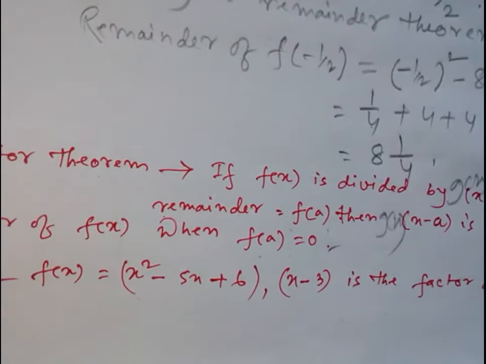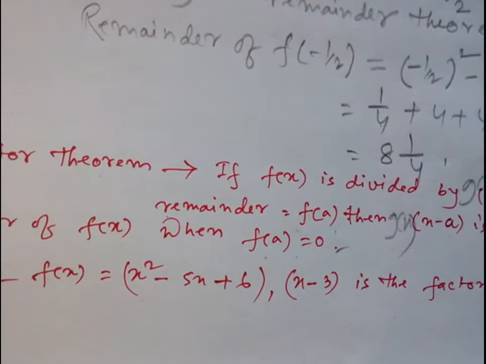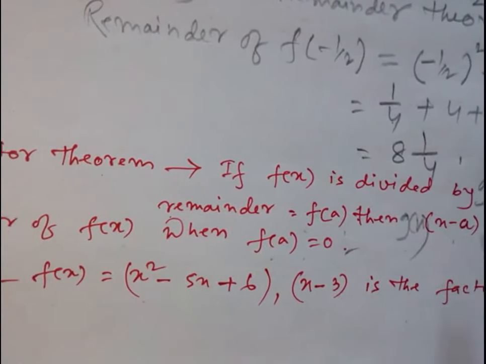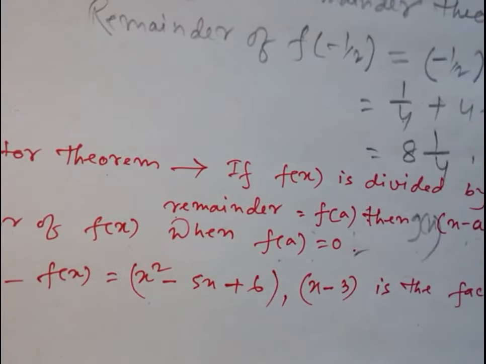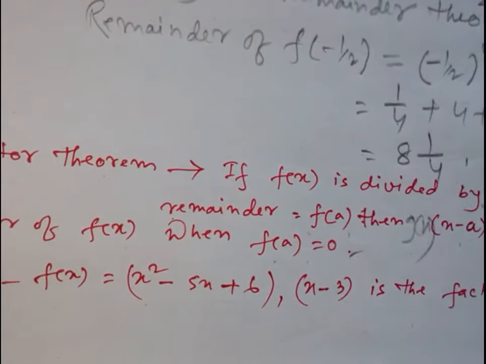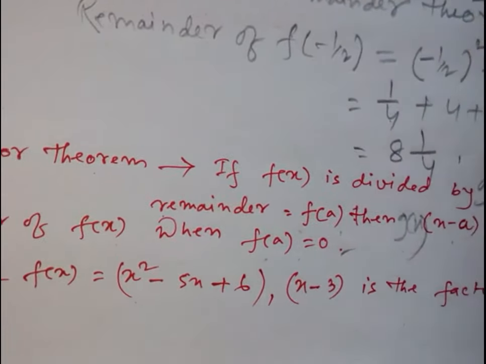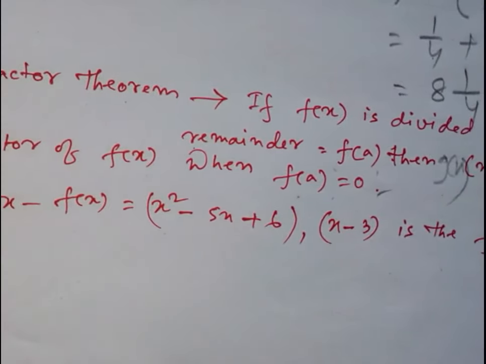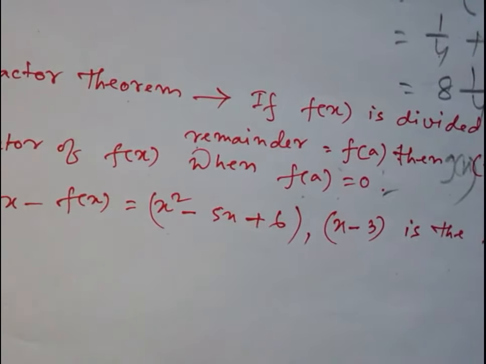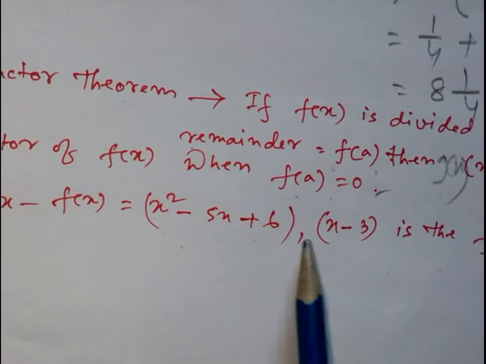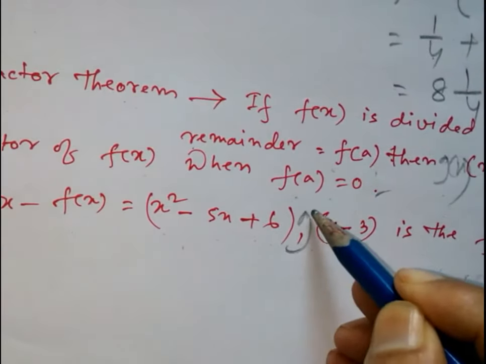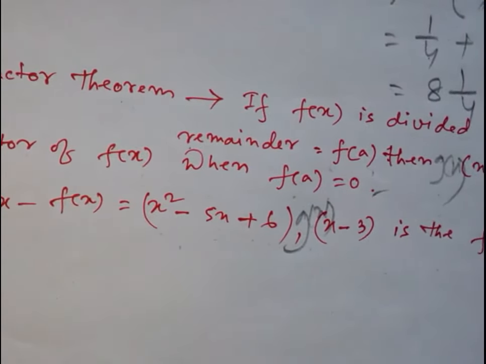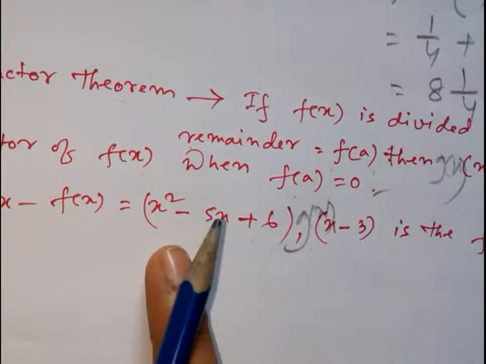It means if the remainder is 0, then we can say the divisor is a factor of the dividend, isn't it? So now how will you prove it? Suppose here is a function f of x, that is x square minus 5x plus 6, and suppose we call g of x is equal to x minus 3. We are going to prove that x minus 3 is a factor of f of x.